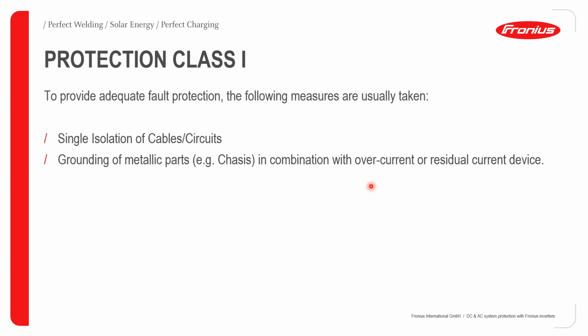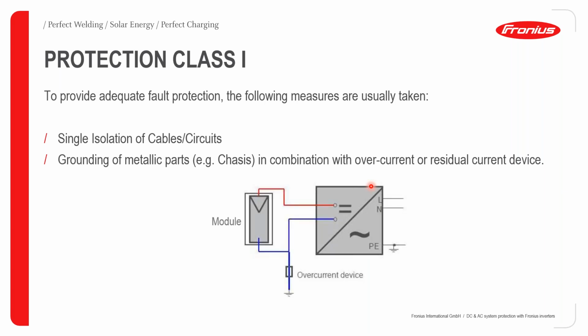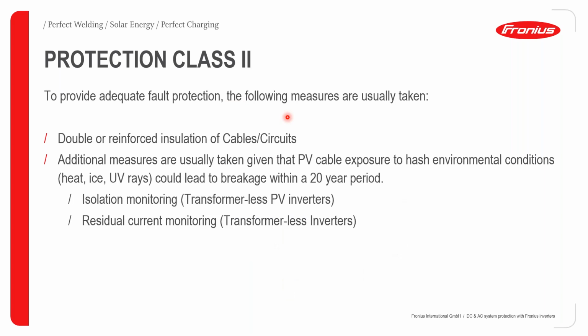And this comes also in combination with overcurrent devices or residual current devices. If you are to implement something like this, the schematic for connection would look like this. The overcurrent device would open up if there is a leakage current to the ground or earthing cabling.